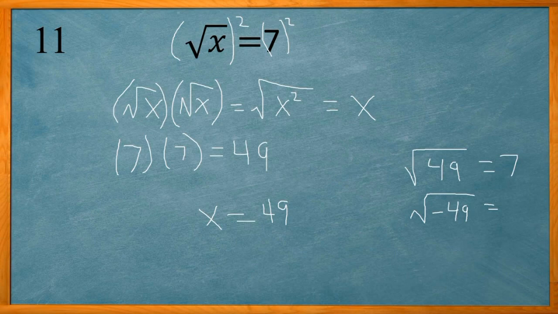So in this case, if you deal with imaginary numbers, you end up getting 7i, but that's not the same as 7. So in this one, you only have one answer, x equals 49. If you take the square root of 49, that gives you 7.